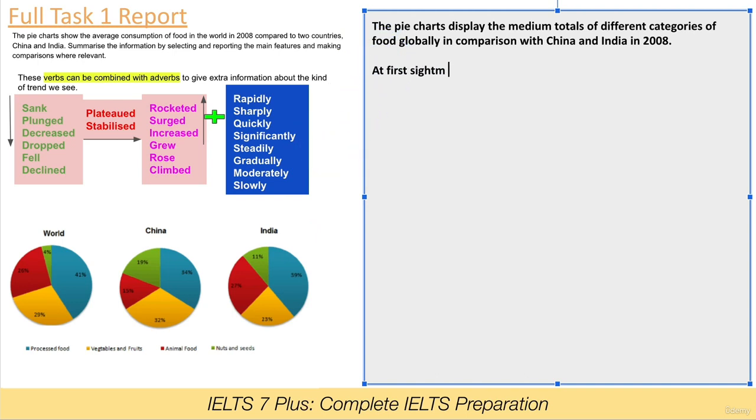We can start with a nice phrase like at first sight, in general, overall, on the whole.